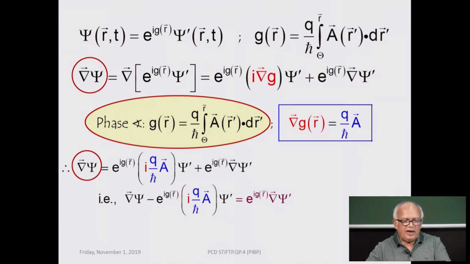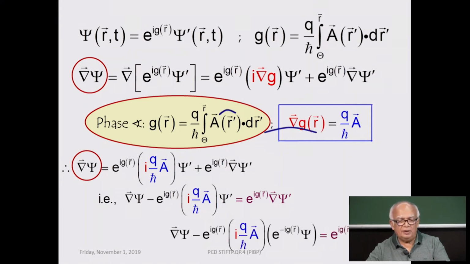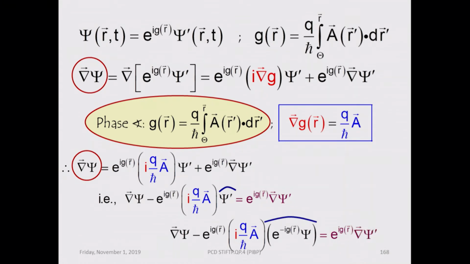Move the first term on the right to the left with a minus sign. Okay, that is all that we have done now. Notice that psi prime is the same as the term in the parentheses in the last term, that is nothing but psi prime.